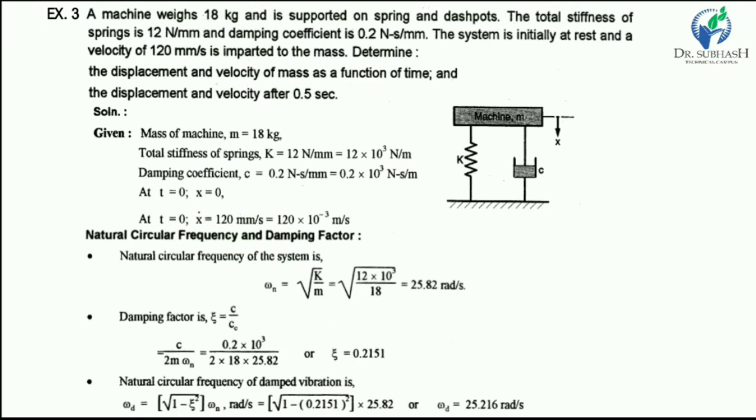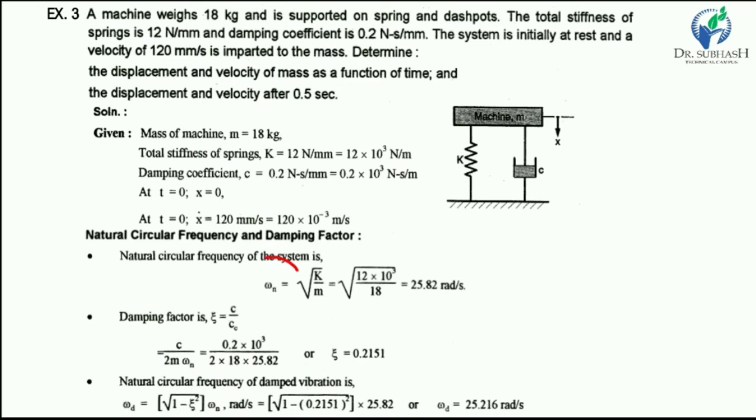To find the motion equation, first we have to find which kind of damped vibration is there in this case. So we first have to find the value of zeta. Damping coefficient is given, so first we find the critical damping coefficient, which is 2m omega n. M is given, but omega n we have to find.